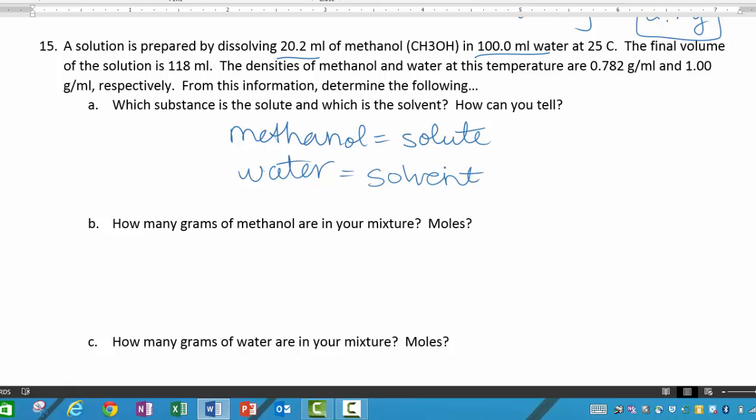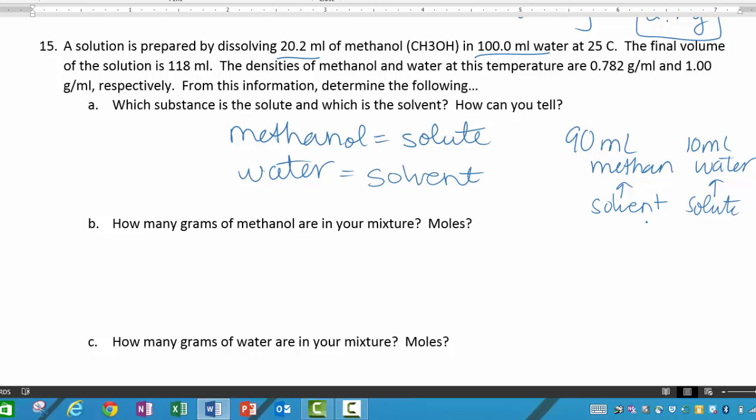But if it had been the other way around, like let's say we had been given 90 mLs of methanol and 10 mLs of water, in this case, water would actually be your solute and methanol would be your solvent. So it's defined by whatever there is more of is the solvent, whatever there is less of we call the solute.